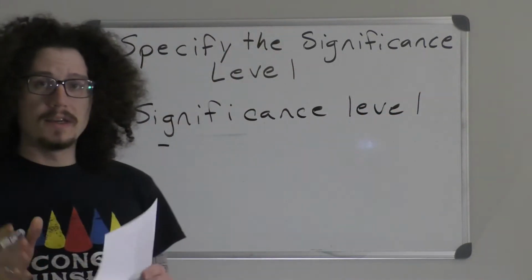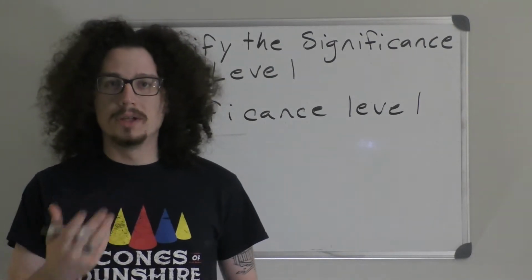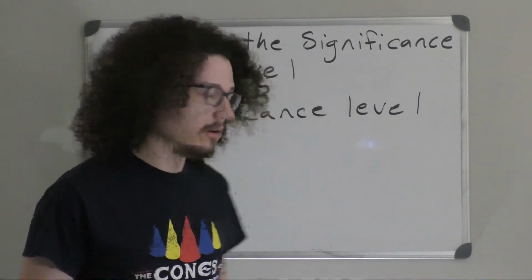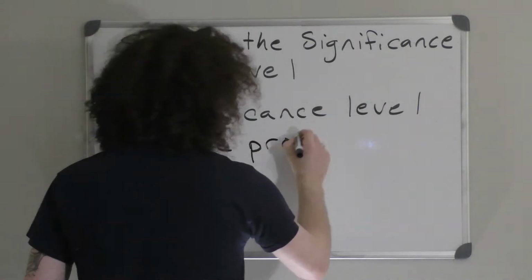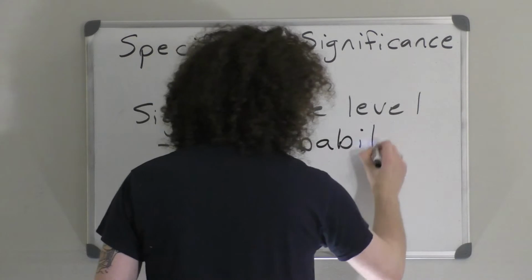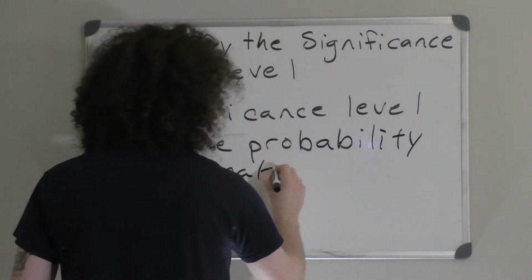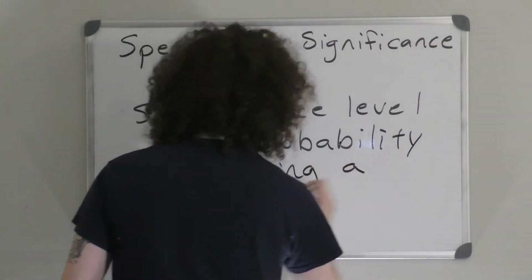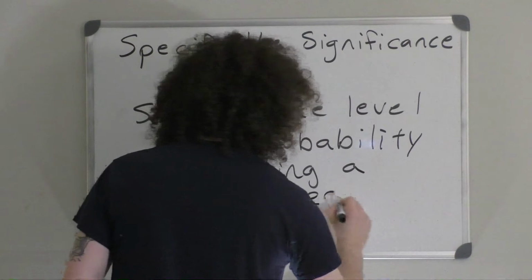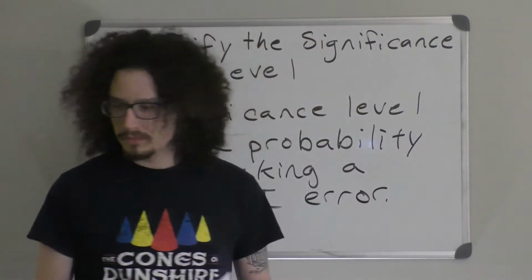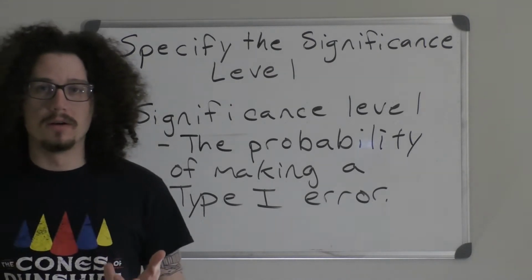The significance level of a test is the probability of making a type 1 error.